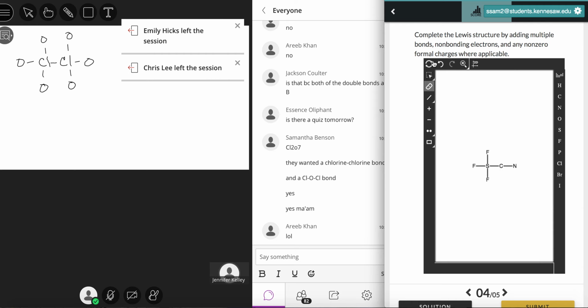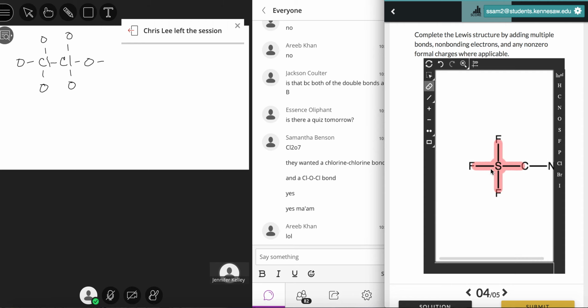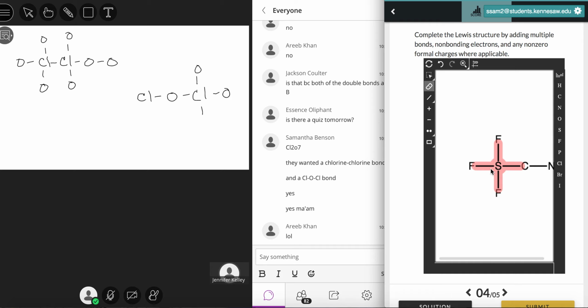Let's see, 1, 2, 3, 4, 5, 6, 7. That would never happen. Okay, and then the other one, Cl, O, O, O, O. Well, the second one is probably the better structure. But let's take a look at the formal charges.